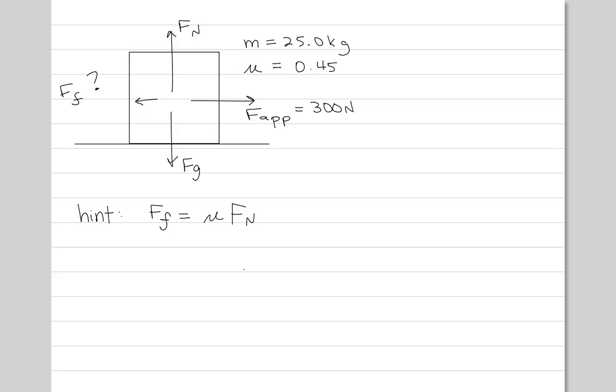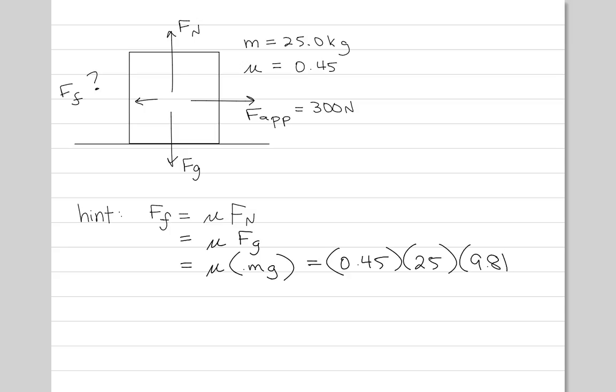Okay, so after some momentary thinking, you've seen that this is actually quite easy. So this is mu Fg, because Fn and Fg are balanced. The formula for Fg is, of course, mg. Plugging in our variables, we have 0.45 times the mass times acceleration due to gravity.